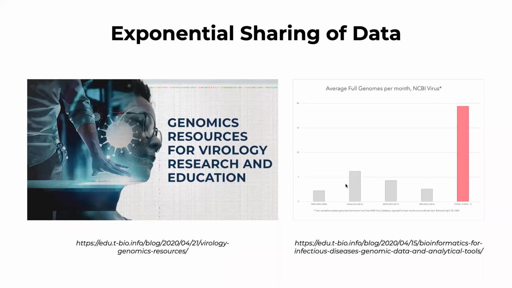And what we see, at least in the recent outbreaks, including SARS, Ebola, MERS, Zika, and the current COVID-19, is a tremendous increase in the availability of this genomic data, which provides us with a very clear view of how the pathogen, the source of this pandemic, evolves and spreads.